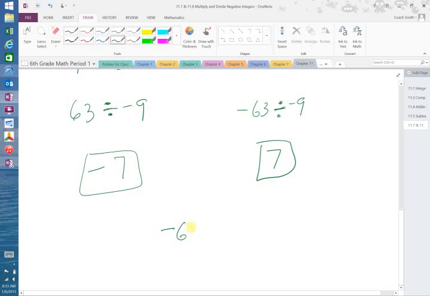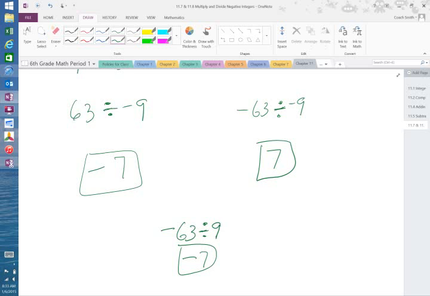If I had this, that's negative 7 as well. Okay, so that's the rules. As I stated, not real hard. You just have to memorize them.